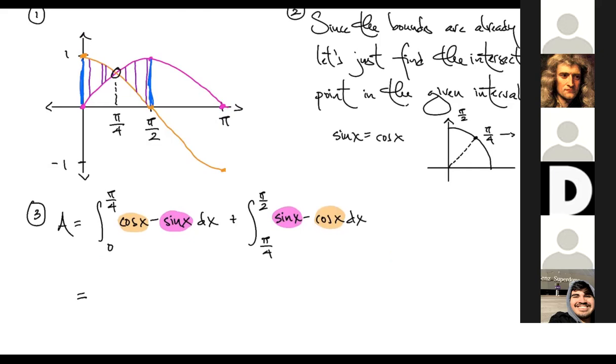But what could be a more clever way to move through this question? They're the same area. Good. So let's just pick one of them and let's double it. Do we want to pick the first one or the second one?